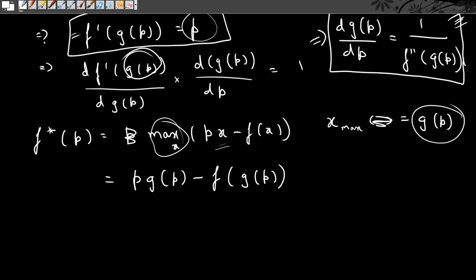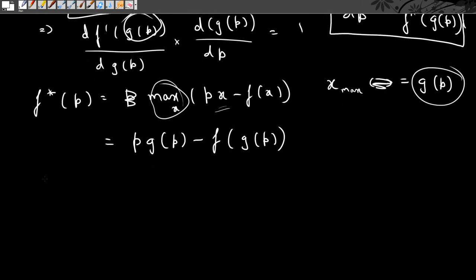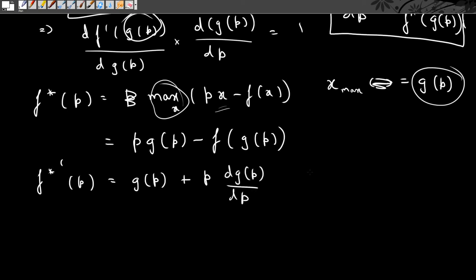Okay, now let us differentiate this equation throughout with respect to p. So that will give f star dash of p is equal to, using the product rule here, g of p plus p into dg of p by dp minus f dash of g of p into dg of p by dp.